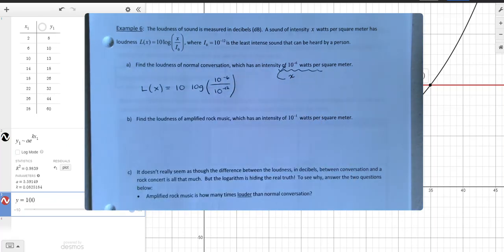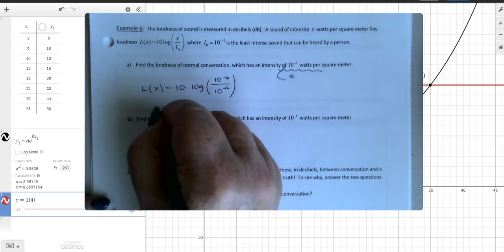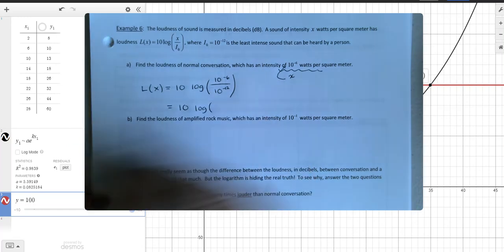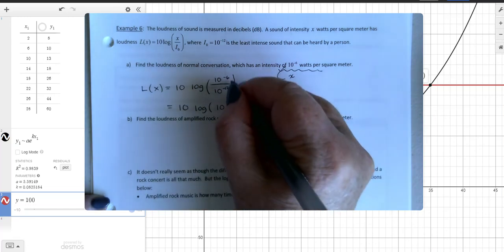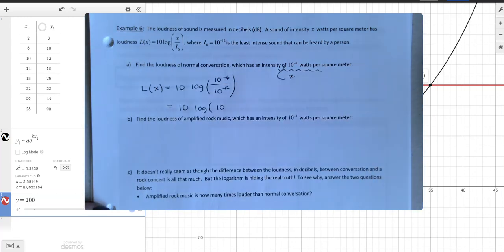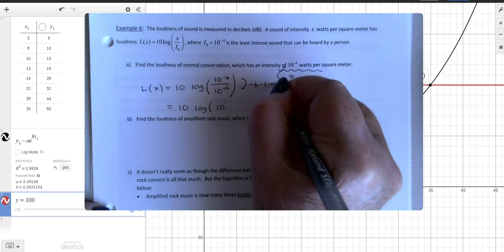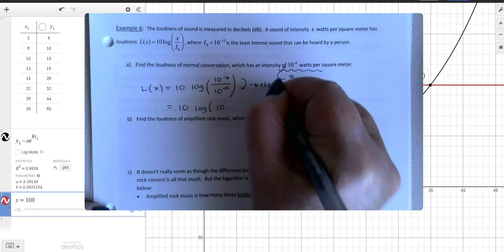Now, it's not that there's anything wrong with doing this in the calculator, but just for a little practice, I think we can do this one by hand. All those base 10s running around. To divide, I'm going to subtract the exponents. So negative 6 minus a negative, or in other words, plus 12, would be 10 to the 6th.